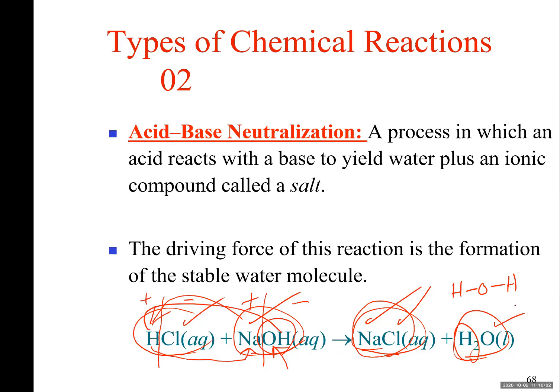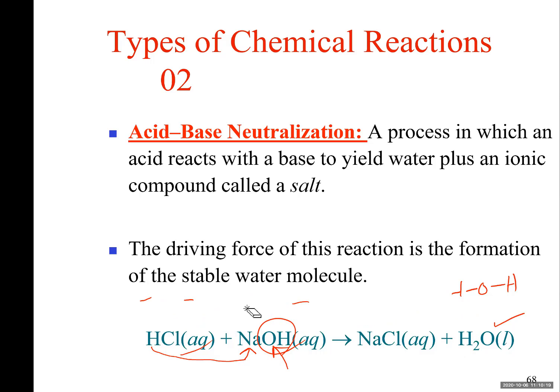So again, you're using the method of double displacement to come up with the product of a chemical reaction which shows observable changes. What are the observable changes when you react hydrochloric acid and sodium hydroxide together?